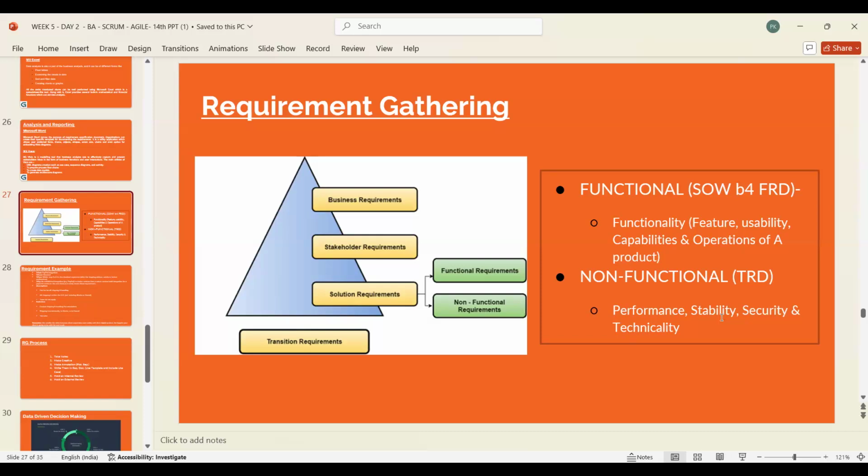Even our mobile software and operating systems are updated once in a while. You get alerts. So this is a transition, going from one state or level to another. That also requires requirement gathering. Earlier, in which version were we? We were on 1.0, now we are going to 1.1. So this is a transition happening.